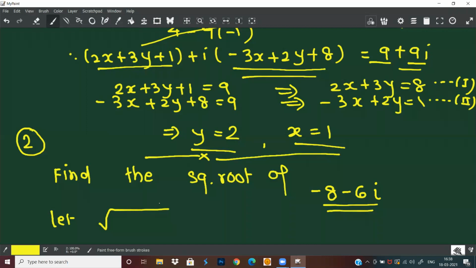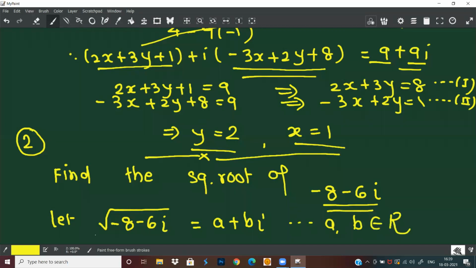Minus 8 minus 6i. So we assume the square root of minus 8 minus 6i as, say, a plus bi, where both a and b are real.